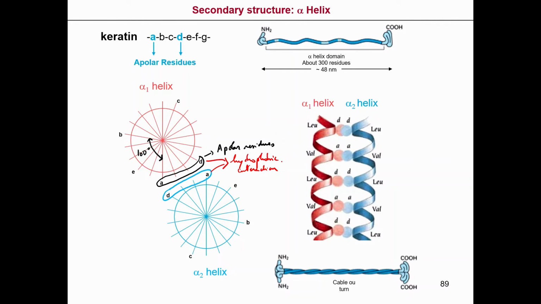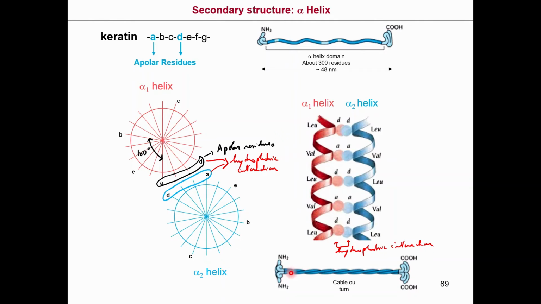Okay, so you will have several alpha helices with hydrophobic interaction between A and D. And after, these keratin molecules will form a very stable helix like this.